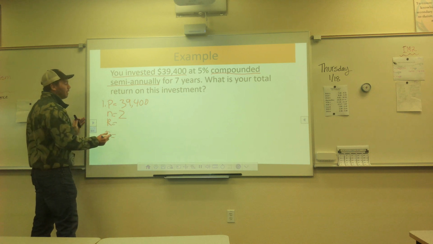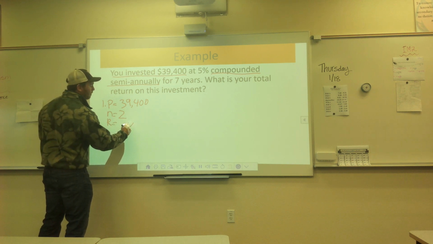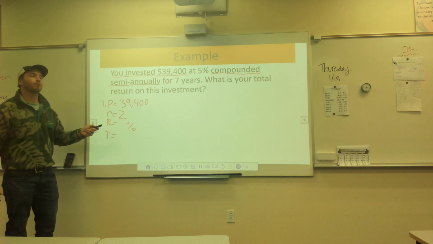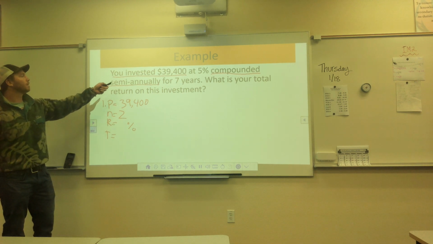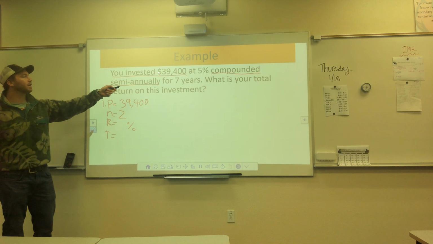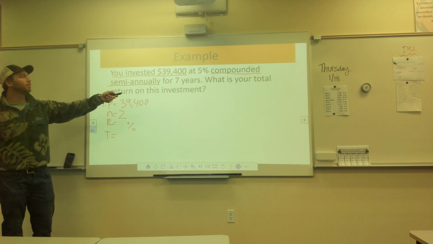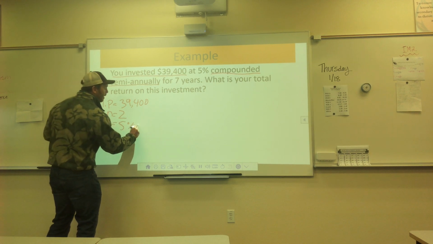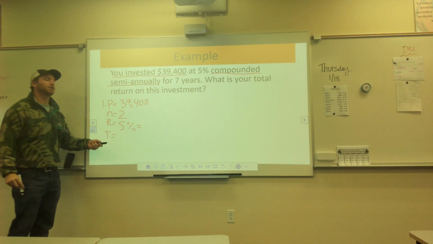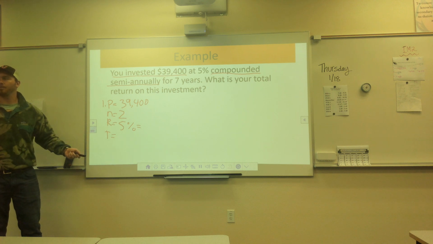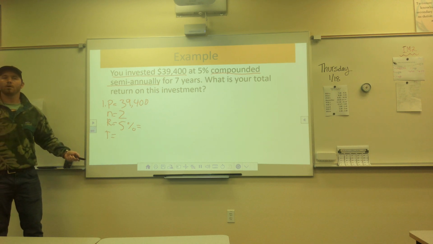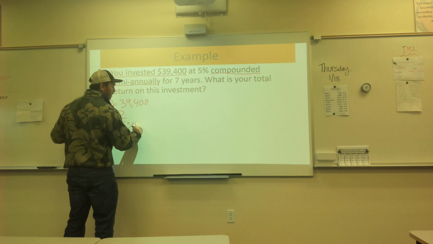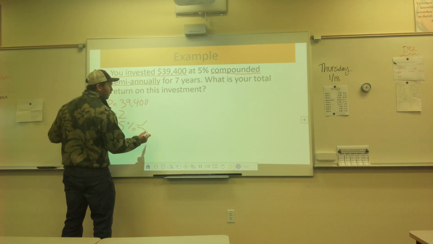Next, we go into R. R, like we said before, is always going to be that percentage. So when we're reading through this specific one, let's find where the percentage is. Boom, 5%. So we just start writing it out normally, 5%. Then we need to remember that we need to change it into a decimal. I'm going to do it both ways so you guys see it, but choose the way that is easier for you.